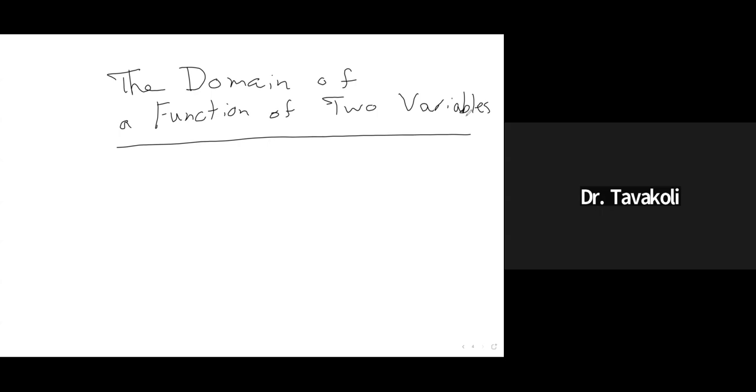Roughly speaking, as you might remember from Calc 1, when the equation of a function is given by an expression, we find the maximum set that that expression makes sense. We do the same thing here.